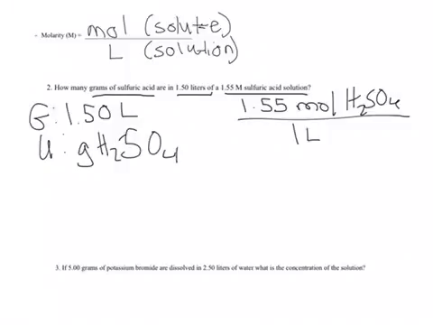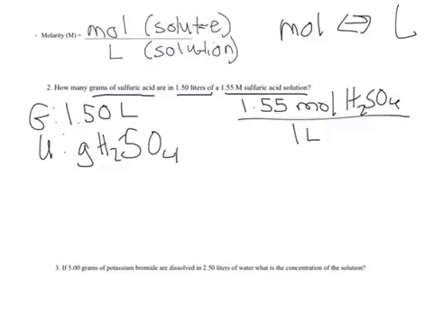H2SO4. So we have learned how to convert between grams and moles and mole to mole, and molarity helps you convert between moles and liters. So let's take a look. We are starting with liters, so that tells us that we need to use our molarity, and we are ending in grams, and so that means that we need a molar mass, because anytime you see grams, you need a molar mass.